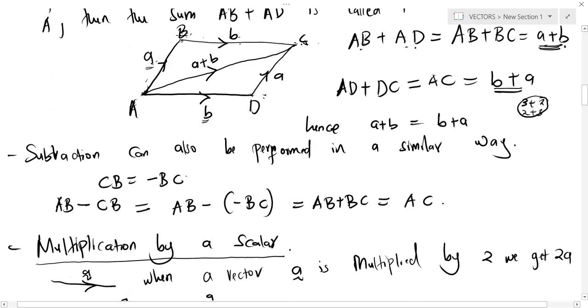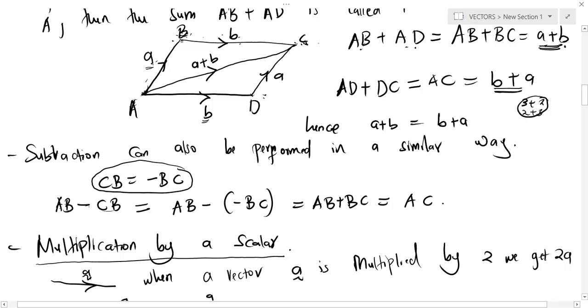Okay, so if we were to carry out AB minus CB, that would be the same as AB minus CB.